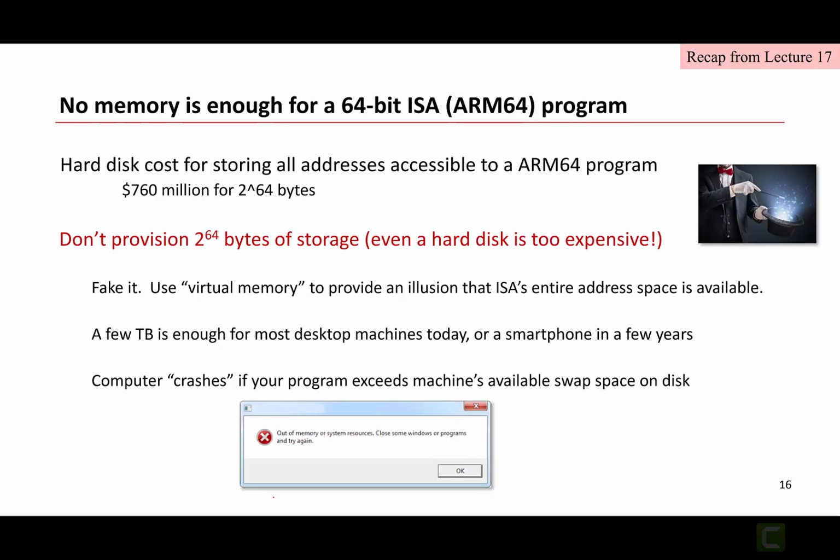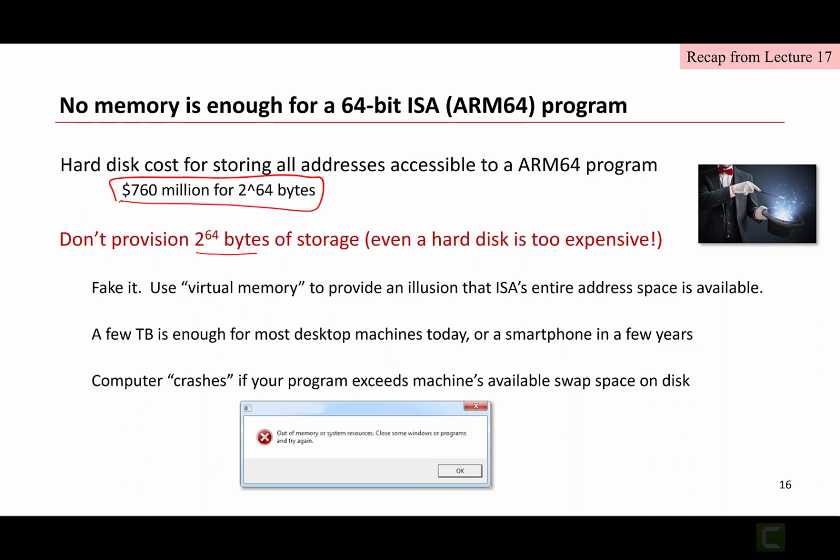Now let's think about how expensive that would be. If you have to store 2 to the power 64 bytes of storage, forget about DRAM. Even on a hard disk, if you want to store that much data, it would cost close to $1 billion. So you obviously don't want to pay for a $1 billion computer just for running one x86 64-bit program, right? So clearly that is not a feasible idea.